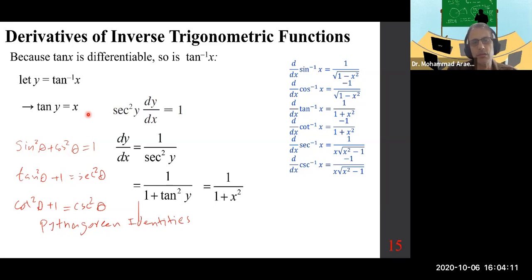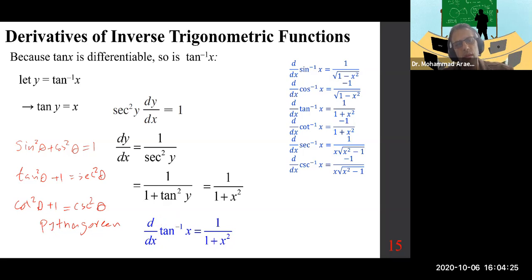And that's the answer. So the derivative of tan inverse is equal to 1 over 1 plus x squared. We proved that. Pretty straightforward.